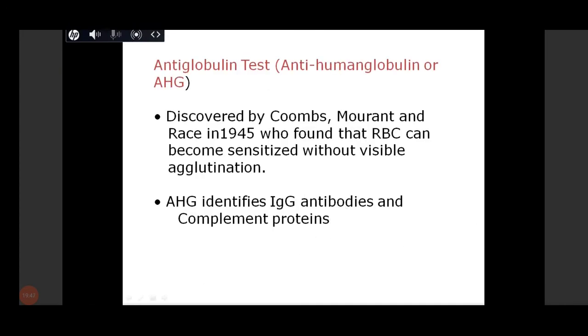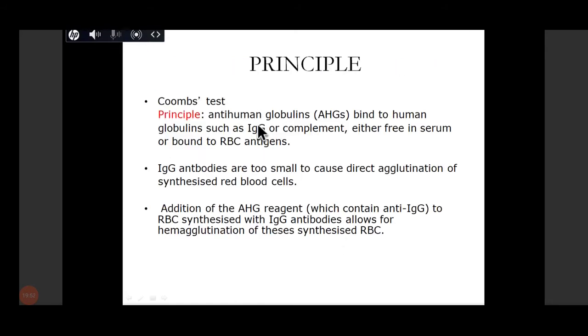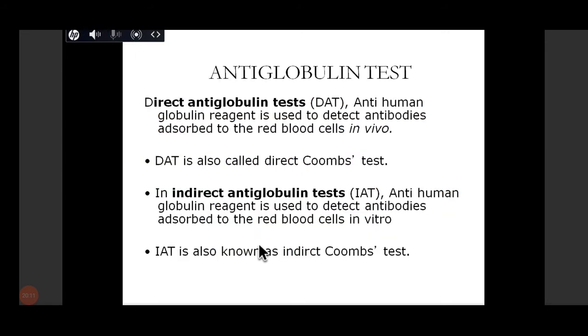I need not go more into this because it has been discussed. The principle you know: IgG antibodies are incomplete antibodies, so you have to add a complete antibody, that is anti-human antibody, to combine with these immunoglobulins, to form a visible agglutination or clot formation.